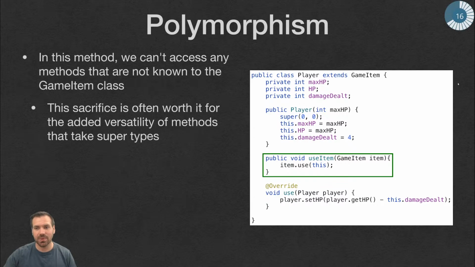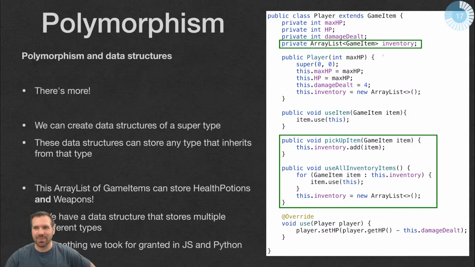And there is more. Let me circle back to that because I want to say what the more thing is. I'm just eager to talk about data structures here. So there's more. Remember data structures? Data structures have to have a type. You have to give it a type parameter, and data structures can only store objects of that type.